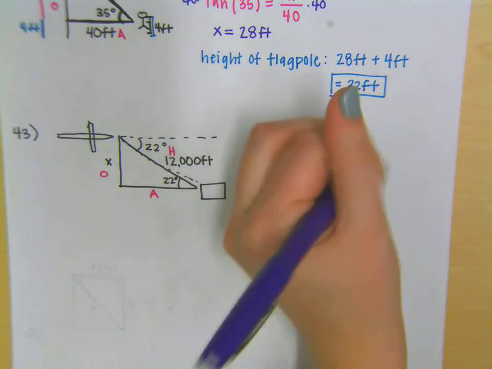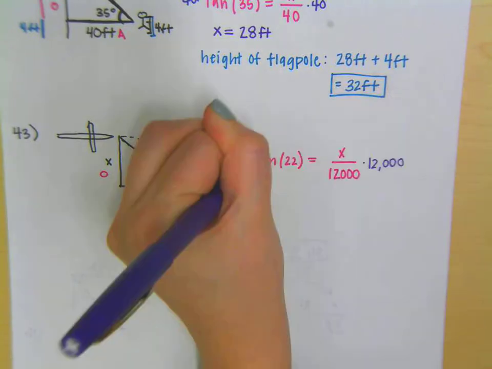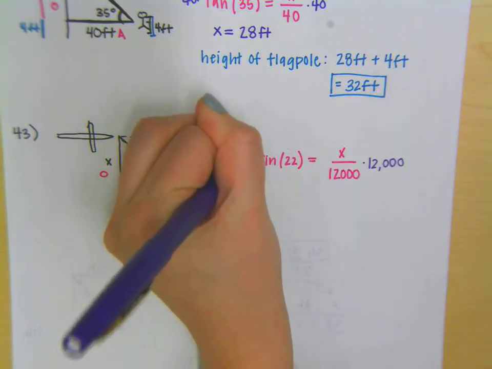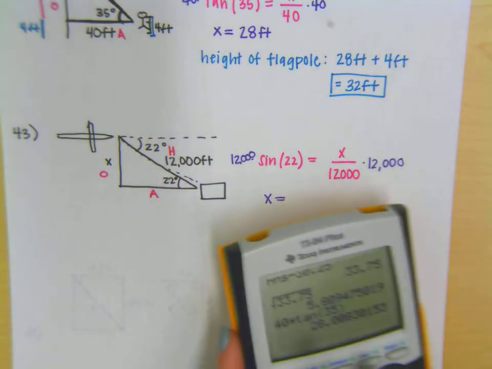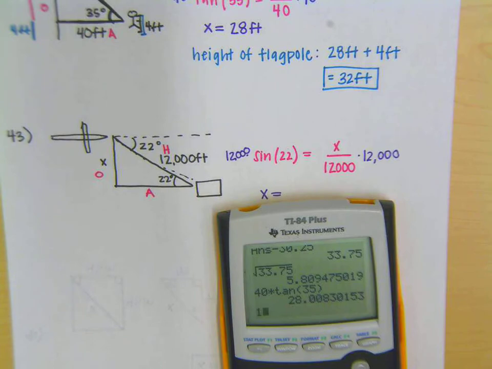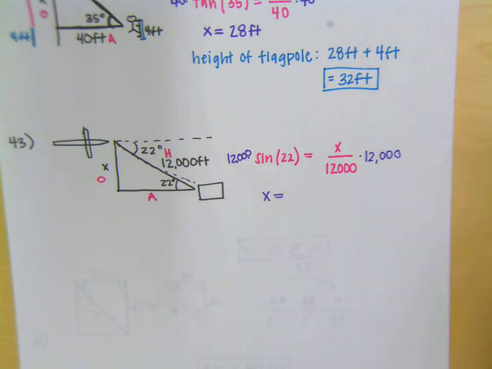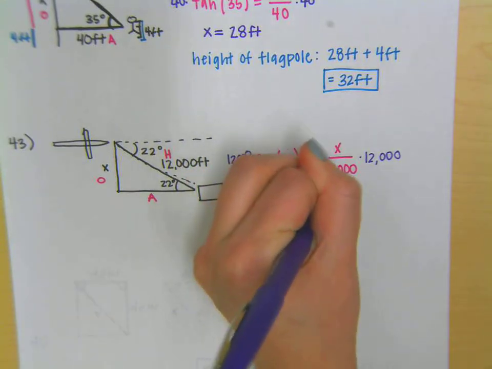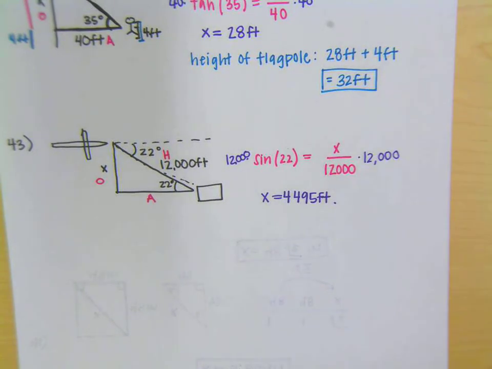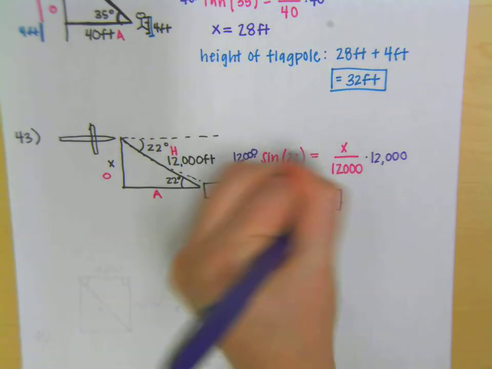We're going to multiply both sides by 12,000 in order to get the x by itself. Type that into the calculator, so 12,000 times the sine of 22 will get you 4,495 feet. Alright, so that's all for the review packet.